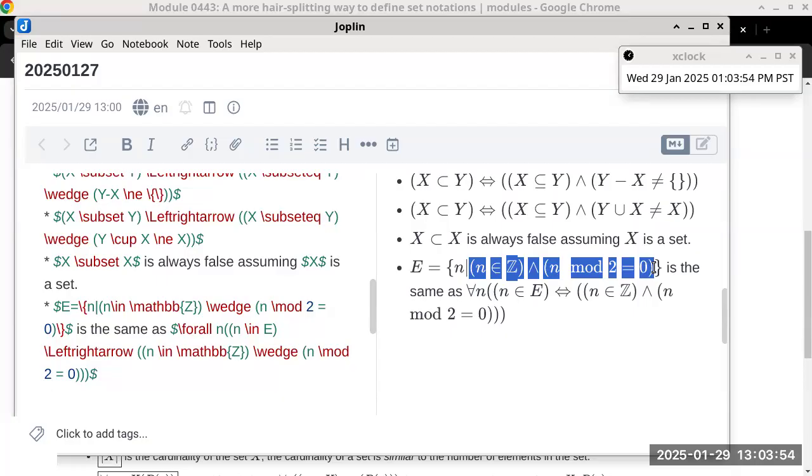It's basically something that has to be true for all members in the set. And everything that meets that requirement has to be in the set. Everything that does not meet the requirement cannot be in the set. Are we doing okay so far with the notations?